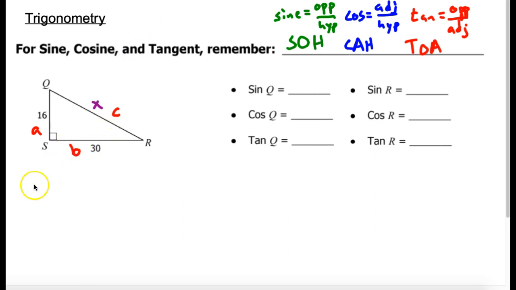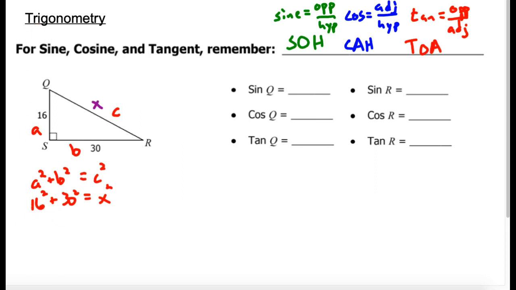If I'm doing a squared plus b squared equals c squared, I will have 16 squared plus 30 squared equals x squared.